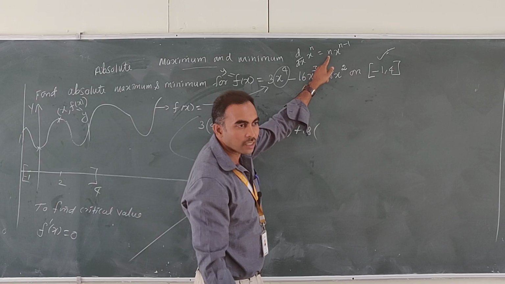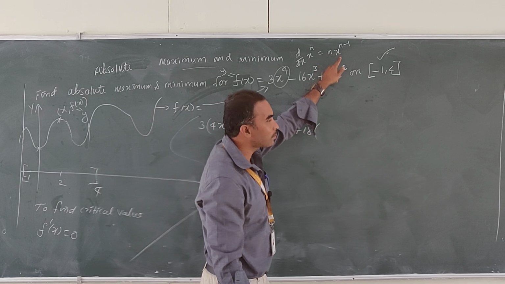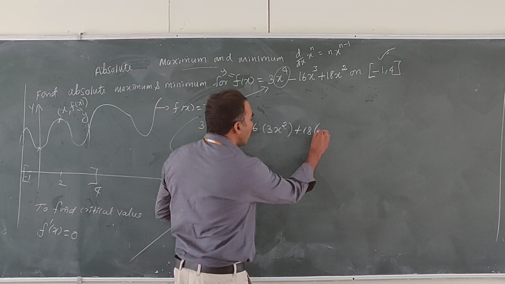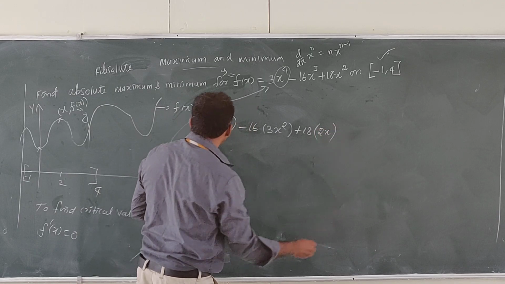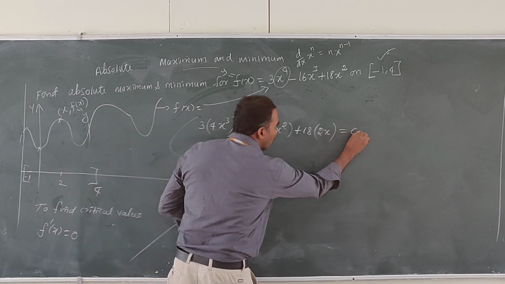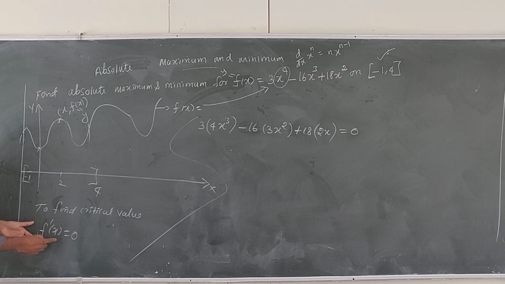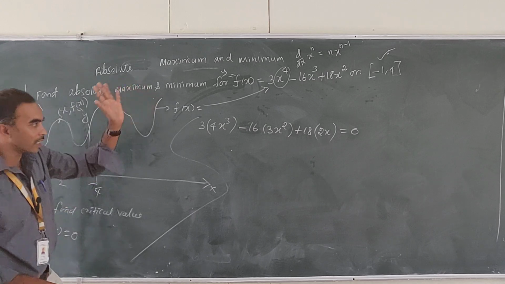Instead of n, we put 2, so 2 x power 2 minus 1. What is 2 minus 1? 1. So 2x equal to, we have to make this equal to 0. To calculate the critical value, we have to use this formula, f dash of x equal to 0. f dash means one time differentiation with respect to x.